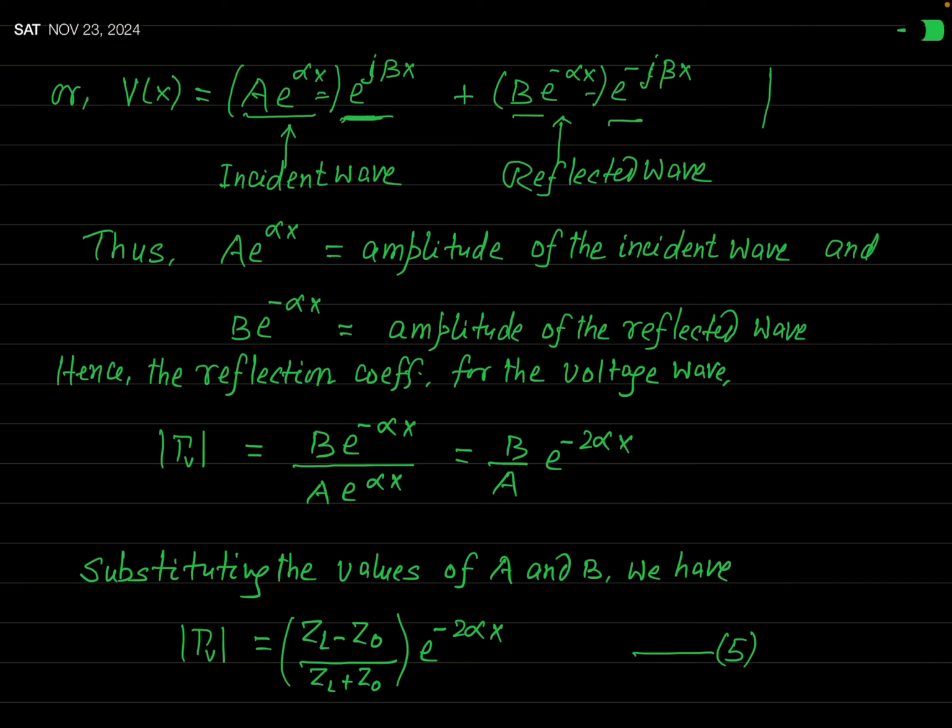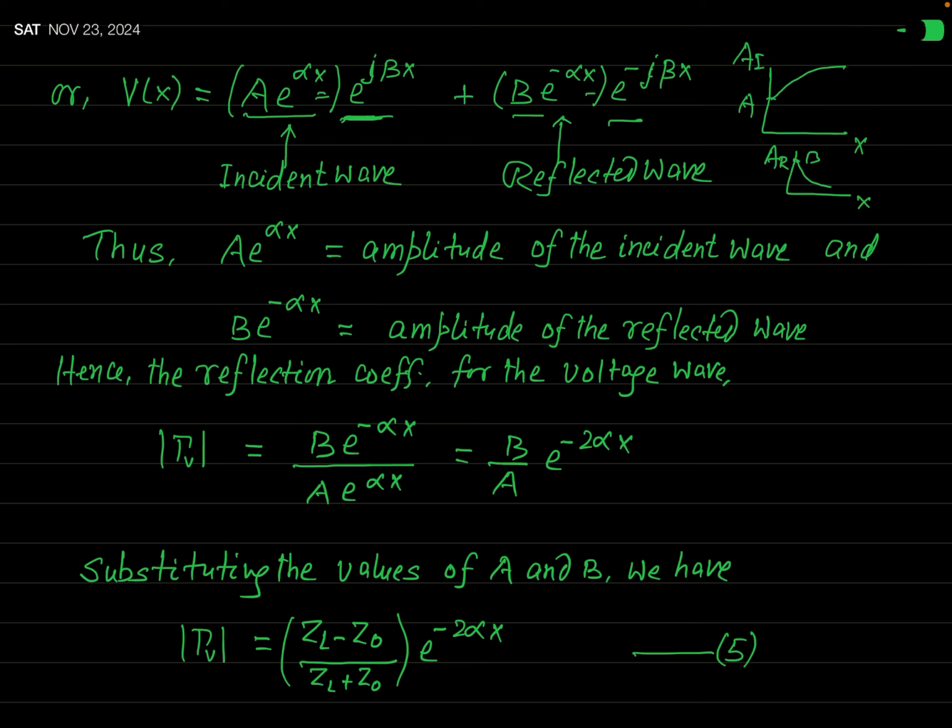You can see this when we talk about the amplitude of the incident wave. Let us say this is AI, the amplitude of the incident wave. When x is equal to 0, this will be A, but with increase in x, it will increase in this manner. If you are talking about the reflected wave and consider its amplitude as AR and plot a graph against x, then when x is 0 it will be equal to B, and with increase in x it will exponentially decrease.